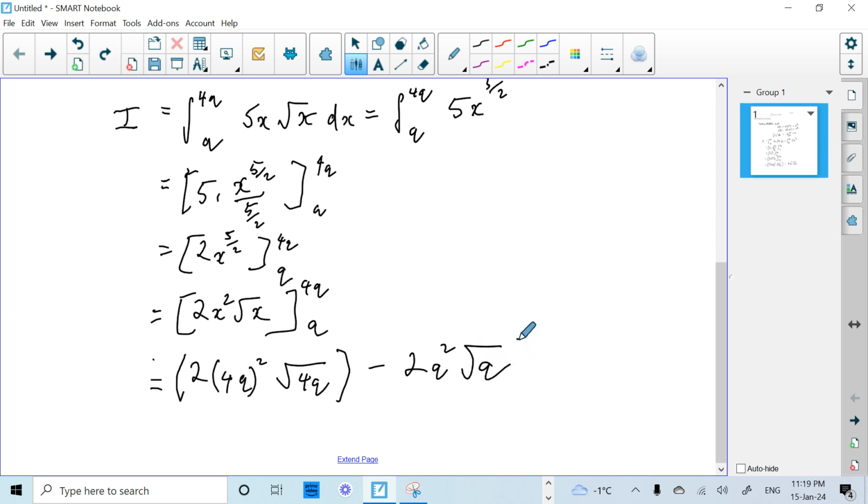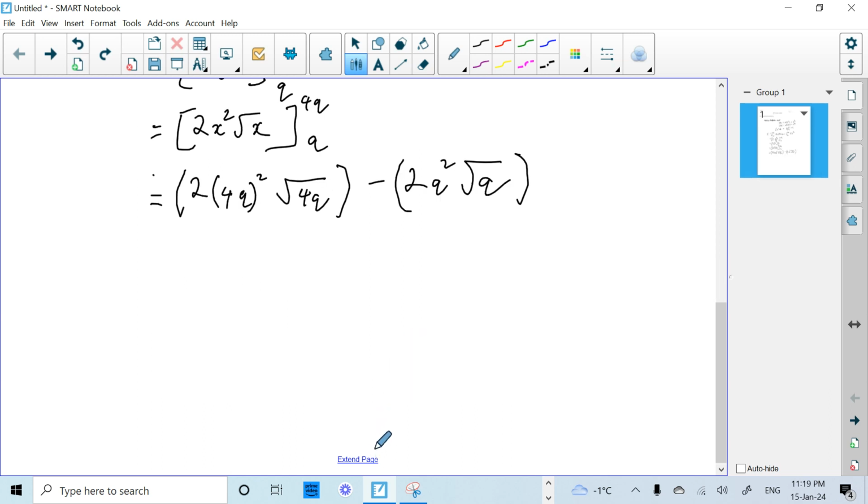Let's extend our page. What does that give us? That's going to give us 64q squared times the root of q, minus 2q squared times the root of q.